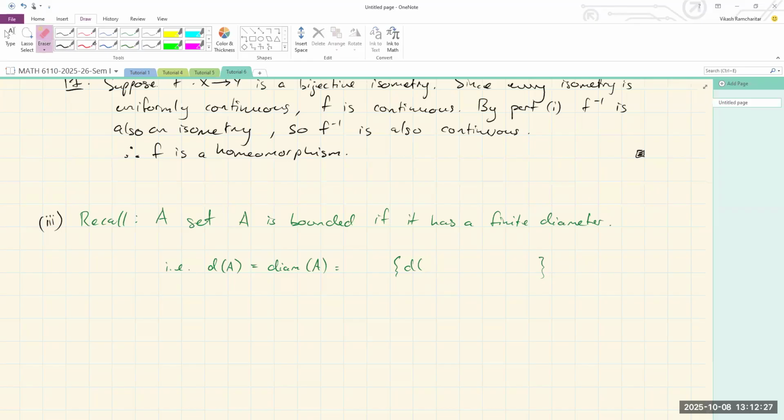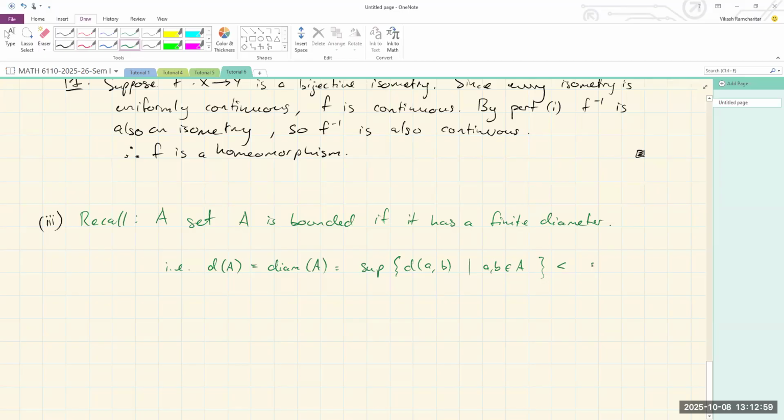I want to avoid writing X and Y because we're going to use those later on, so I want to make this general. Let's use a and b. You take all the distances between a and b, where a and b belong to this set. So measure all the distances between all points, and then you take the largest, or the supremum.